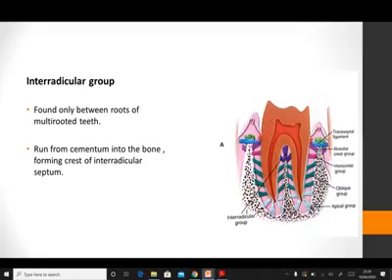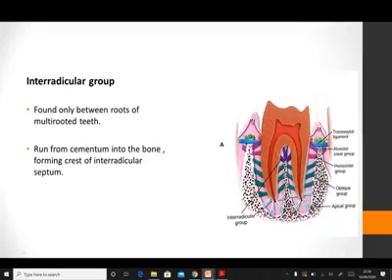So this interradicular group is only found between the roots of the multi-rooted teeth, and they run from the cementum in the interradicular region into the bone, forming the crest of the interradicular septum. So this purple band of groups here is the interradicular.